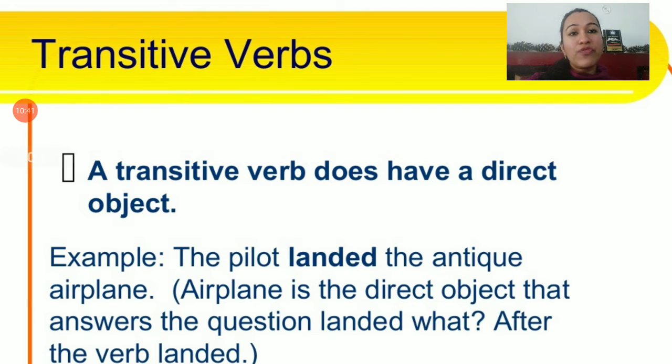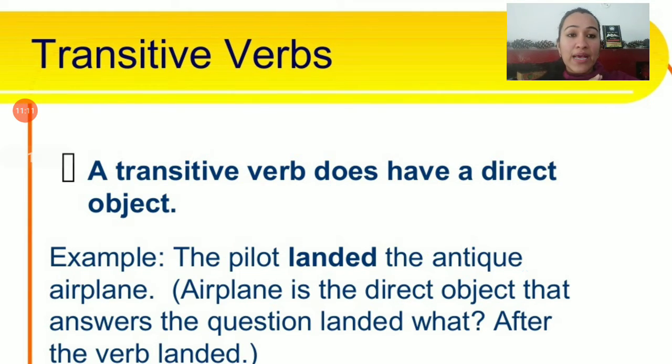So to identify your transitive or intransitive verb, what will you do? You will find out a direct object by asking the question what. You ask your subject, what did you do? If you get the answer for that thing that faces the effect of what you did, then it is a transitive verb. So a transitive verb has a direct object. For example, the pilot landed the antique airplane.